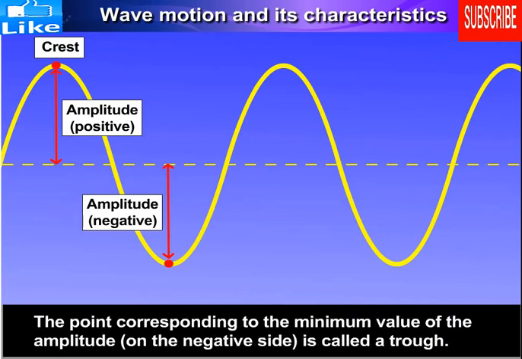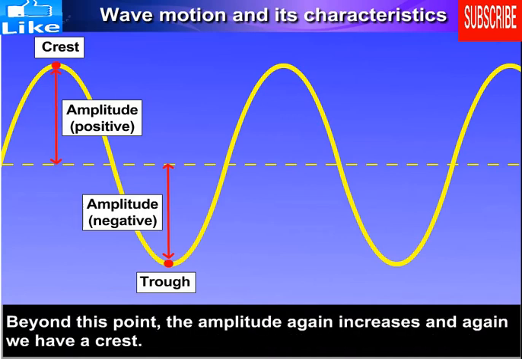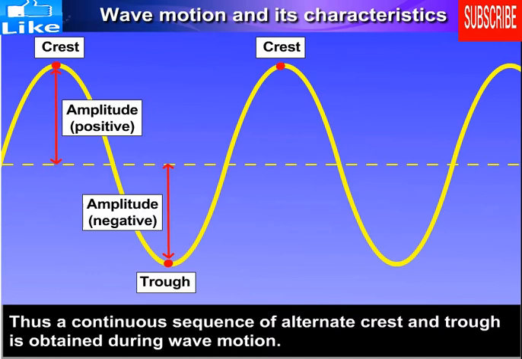The point corresponding to the minimum value of the amplitude on the negative side is called the trough. Beyond this point, the amplitude again increases, and again we have a crest. Thus, a continuous sequence of alternate crests and troughs is obtained during wave motion.